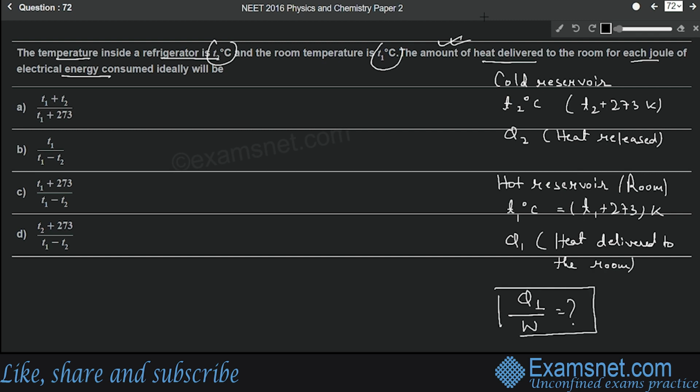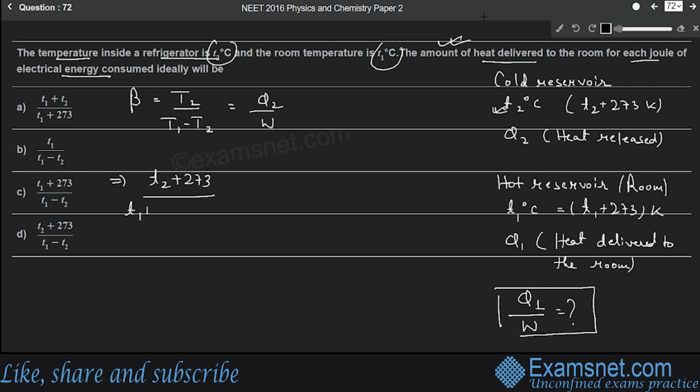Now let's start solving the question. We know that the coefficient of performance of a refrigerator, beta, is equal to T2 by T1 minus T2 in terms of temperature, and in terms of heat it will be Q2 by W. So here, what is the value of T2? This is T2 degrees Celsius, so in Kelvin it will be T2 plus 273 Kelvin, because we have to write in Kelvin, divided by T1 minus T2.